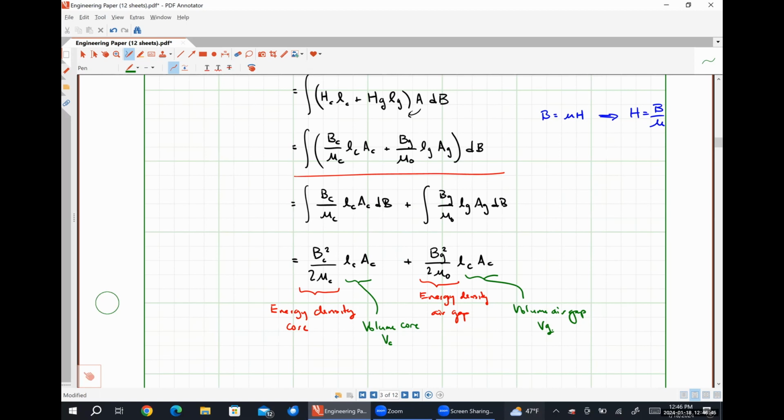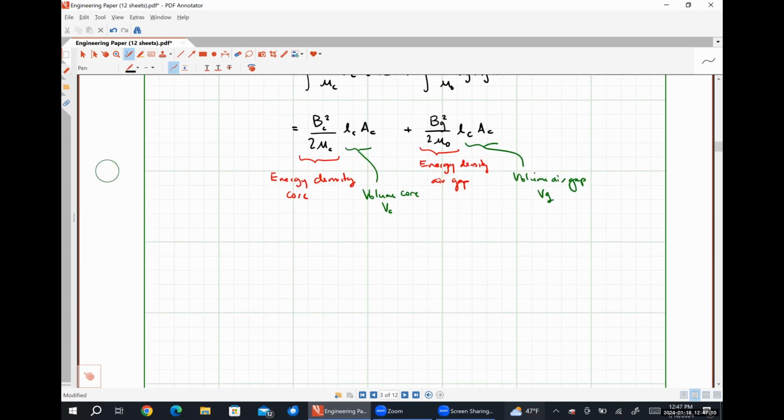So the field energy then is some combination of the energy stored in our core material and the energy stored in our air gap. And so what I would like us to do is work a numerical example to kind of see what shakes out of this.